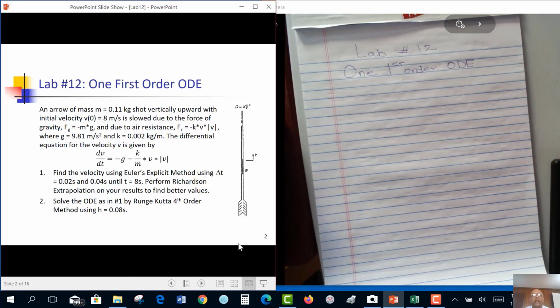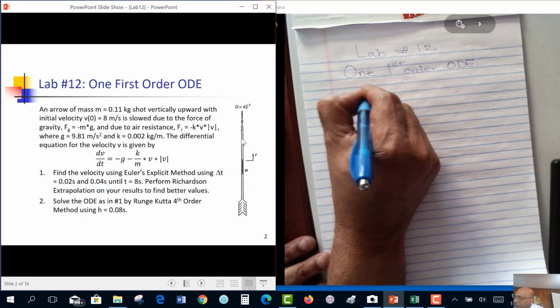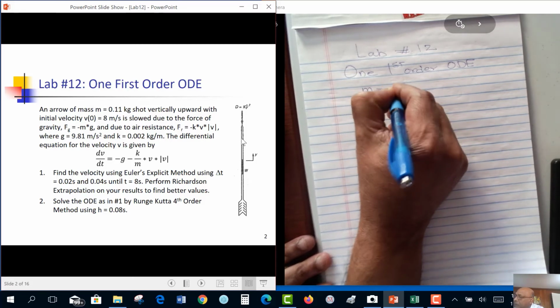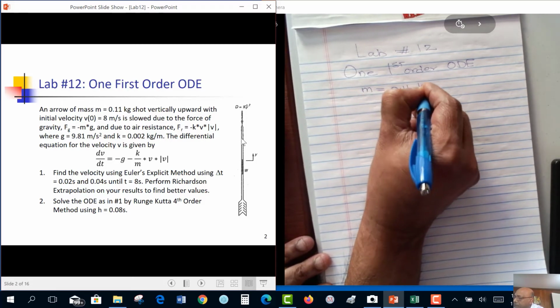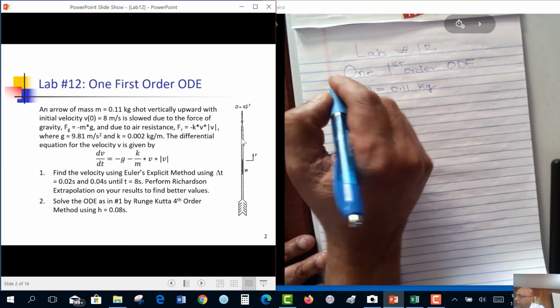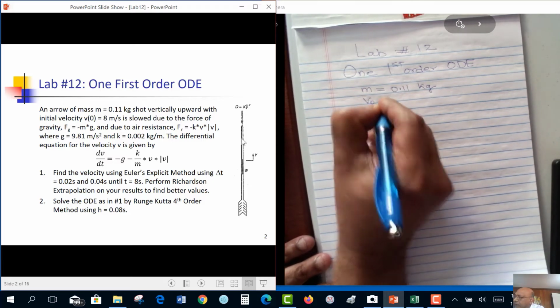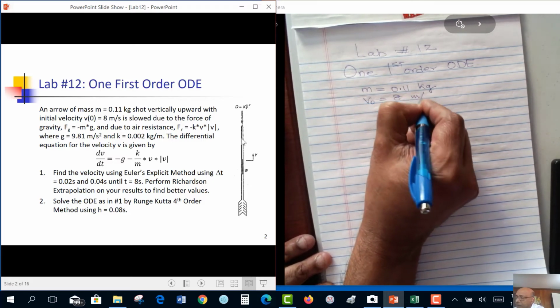I'm sure you have done problems like this in your physics or dynamics courses where you throw a particle up and you want to record its position and velocity. In this case, we have an arrow that we are shooting upward. We are given its mass, 0.11 kg, and its initial velocity, 8 meters per second.